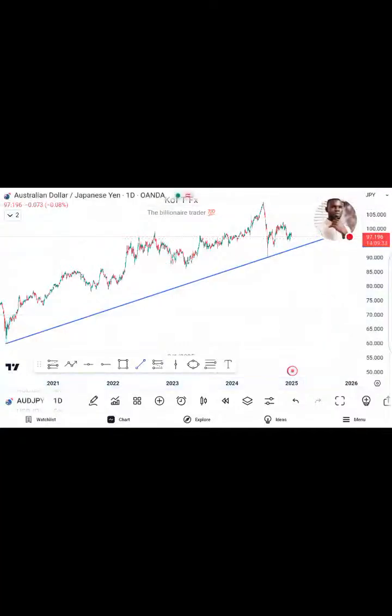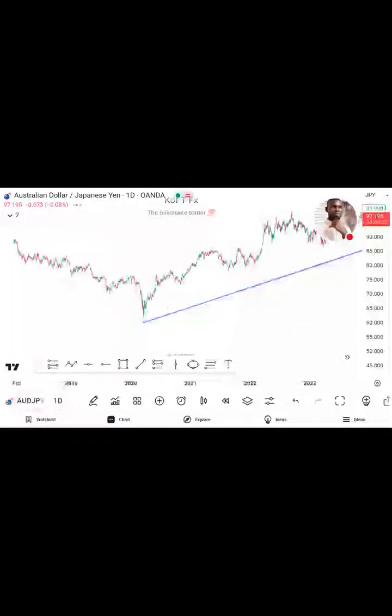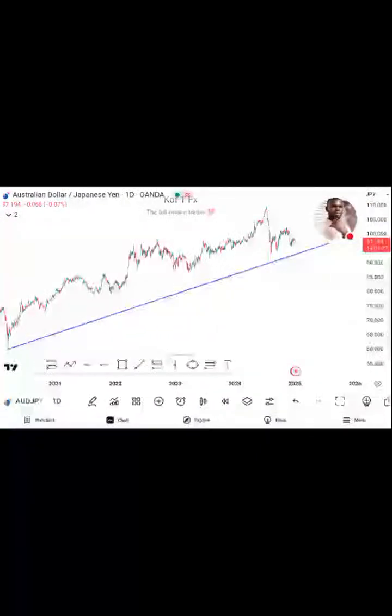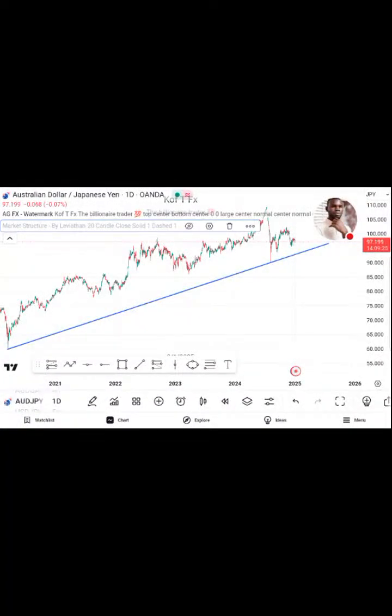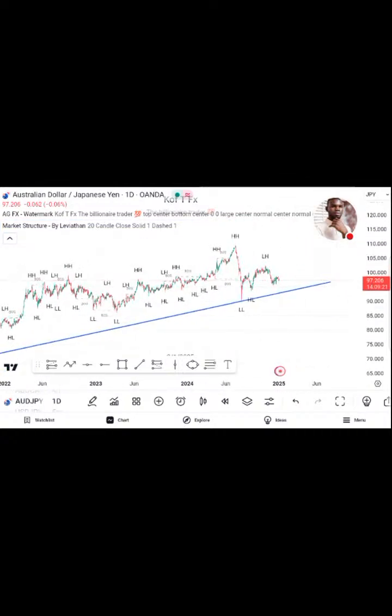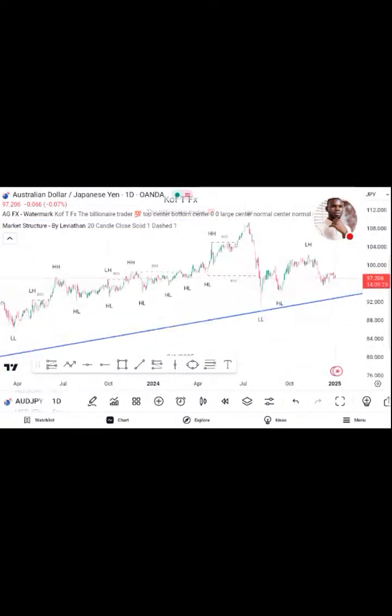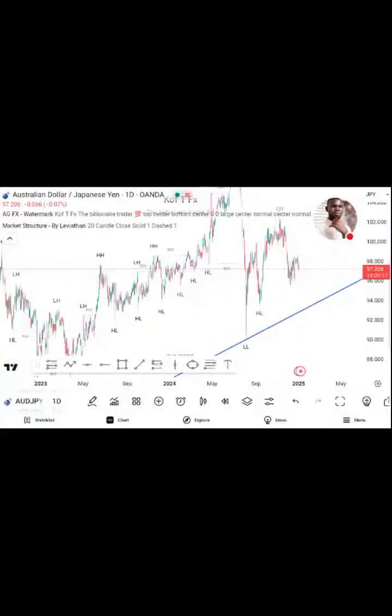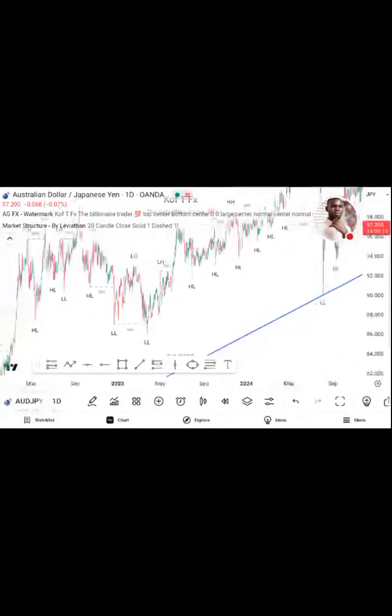Looking at this, it is bullish, right? As you can see, the price is actually, okay.